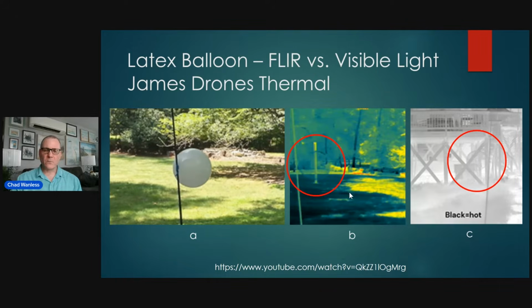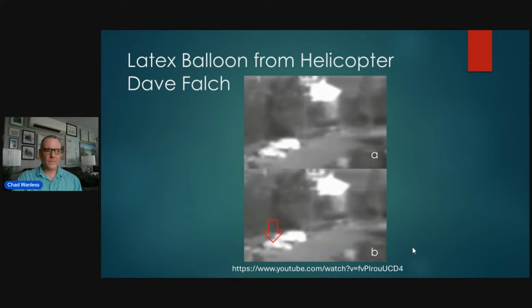And there's two different color formats, B and C. Now, Dave Felch had done another experiment where he released a latex balloon and filmed it using the same camera that was on board the Department of Defense aircraft over Aguadilla. And the little red arrow points to where the balloon is, but if you didn't point it out, you wouldn't be able to see it.